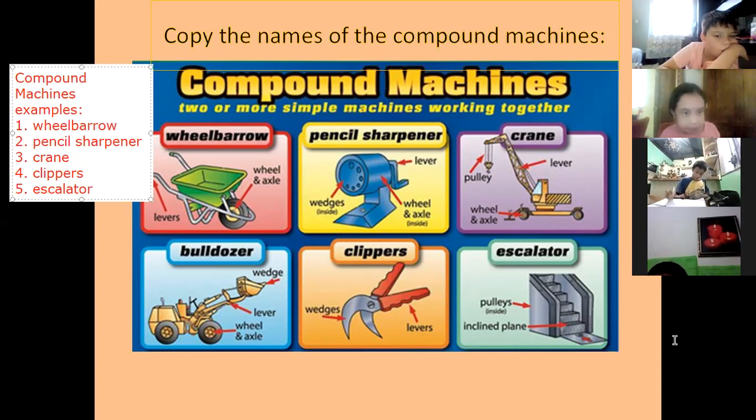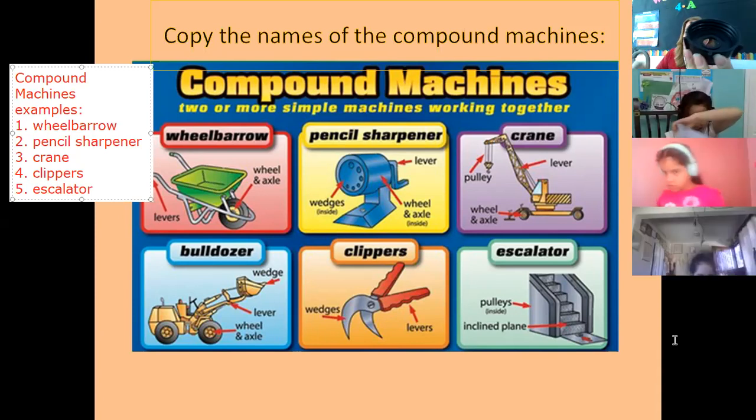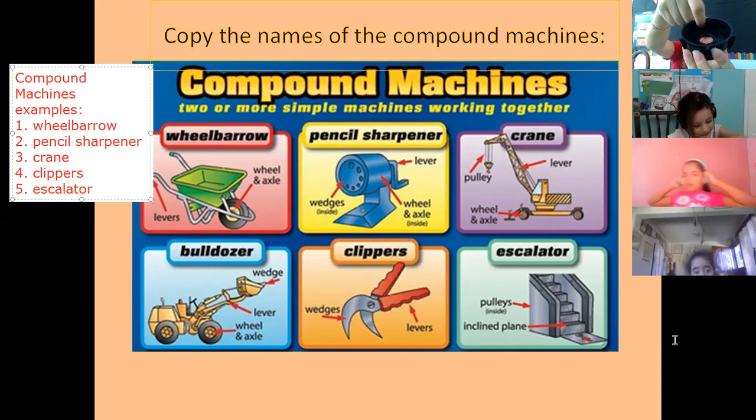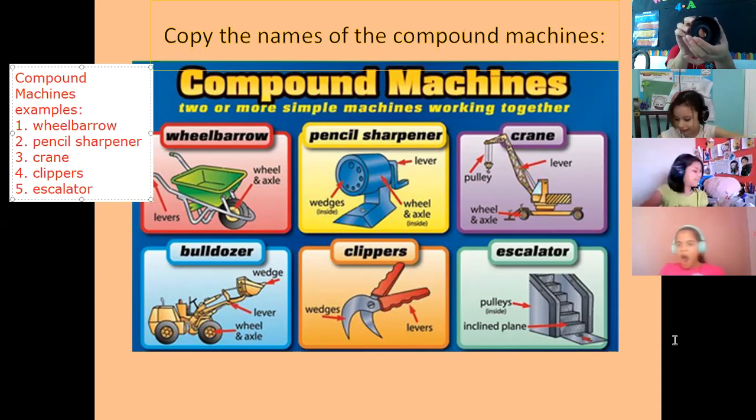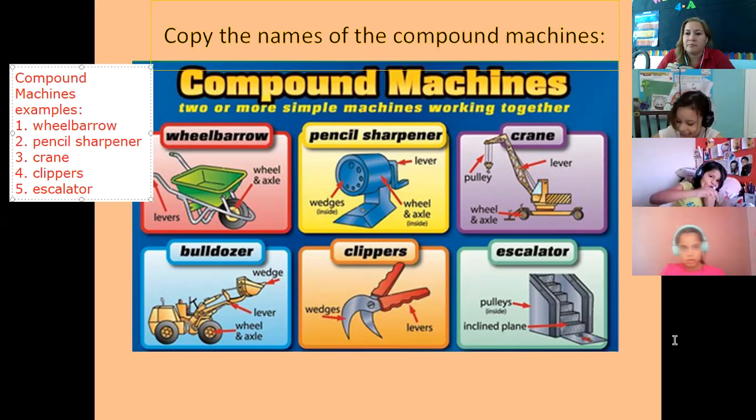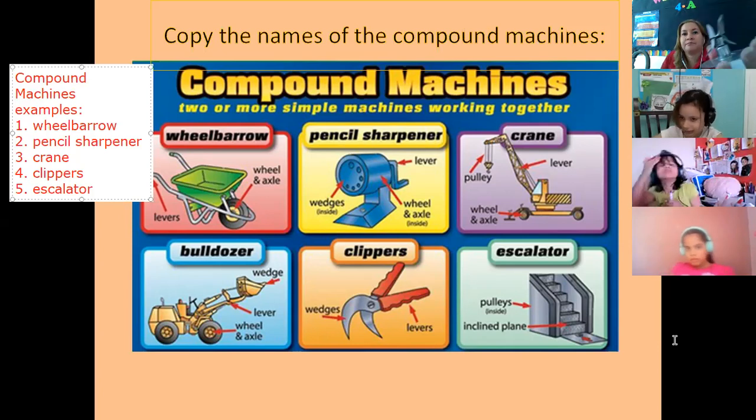So go back in your notebook, check the simple machines you drew. This is another simple machine. See, inside this part. I finished, Miss Isabella. So, what simple machines are in this part of the blender?